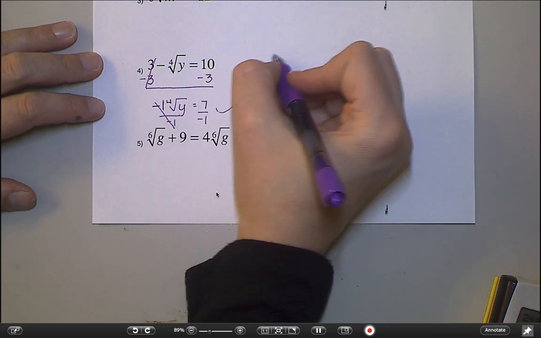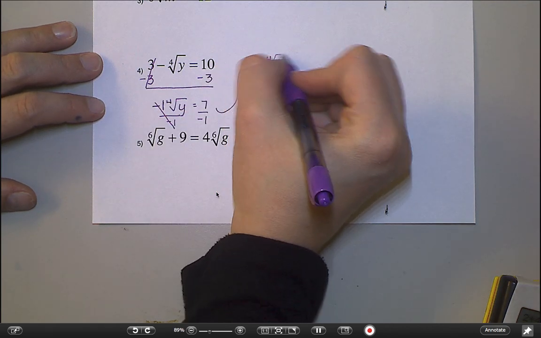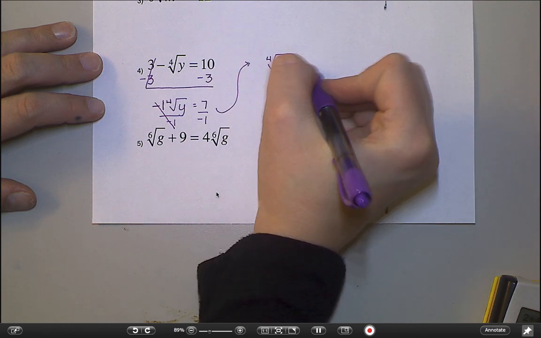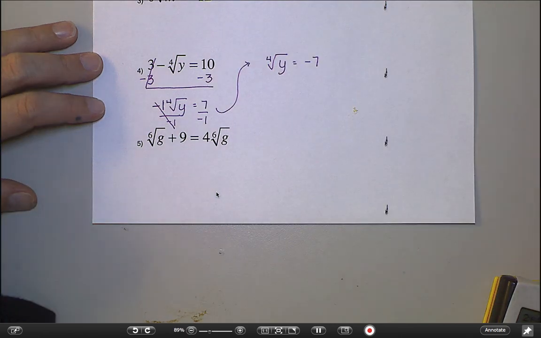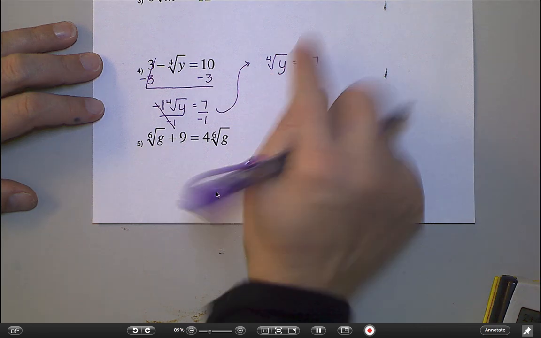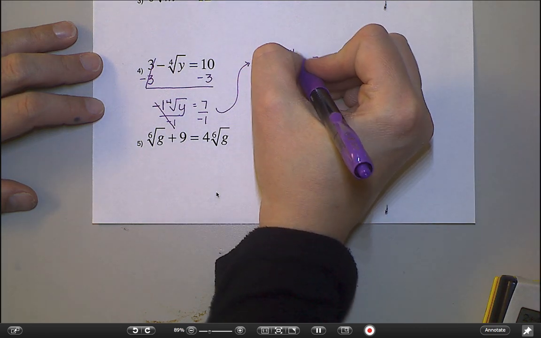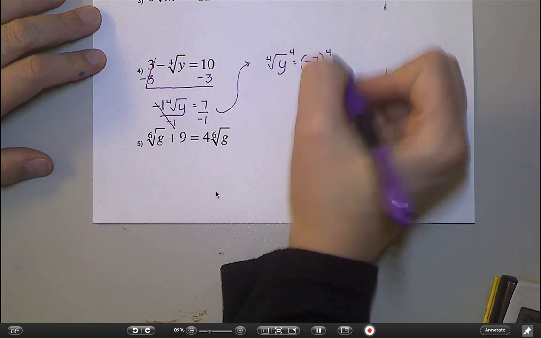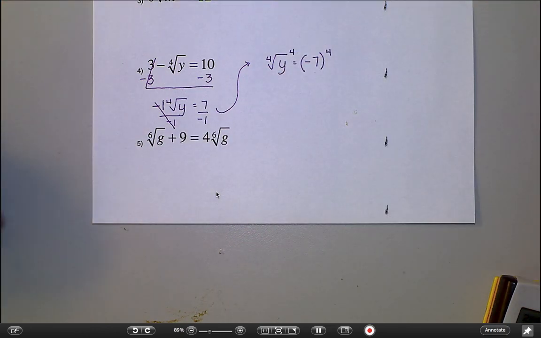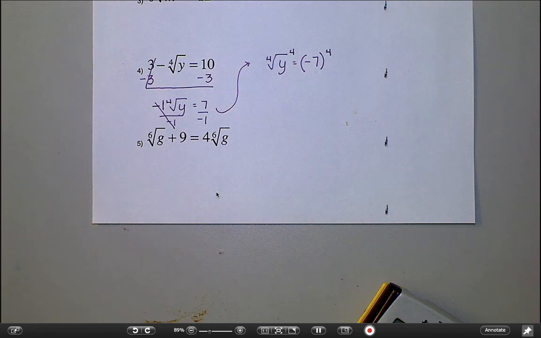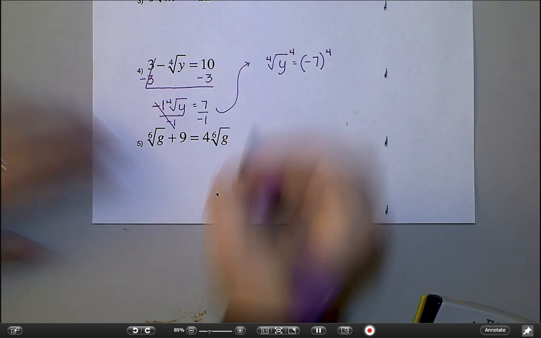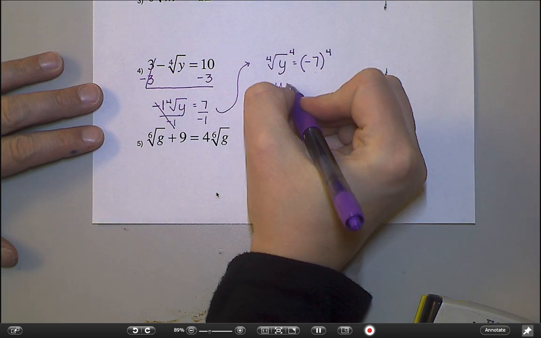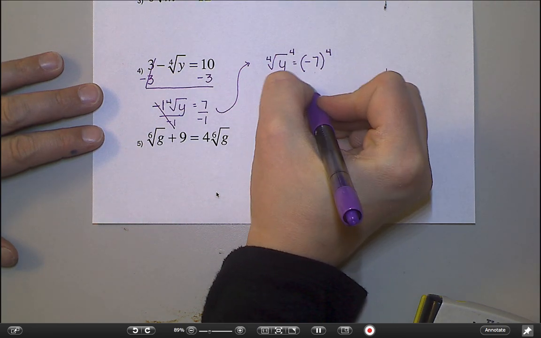And I end up with the 4th root of y equal to negative 7. And then I'm going to raise to the power of 4. Excuse me, remember when I do that, negative 7 raised to the power of 4, I'm going to need to put that in parentheses. I don't remember what that is. I think it's 2401. Yep. And so I get y equals 2401.